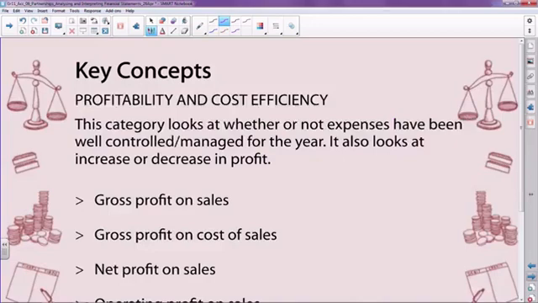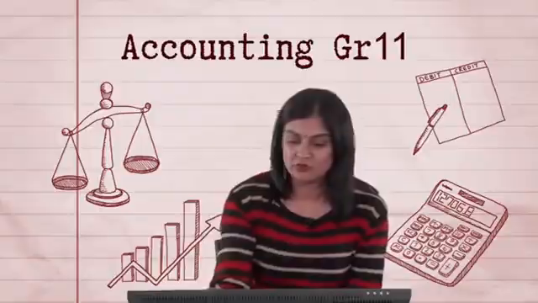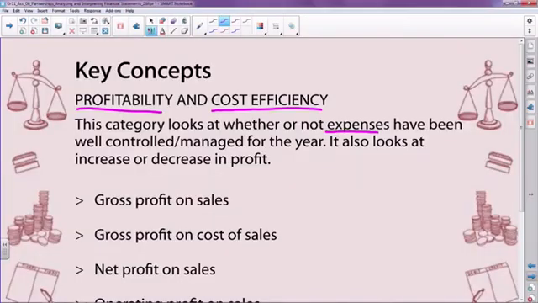The third category focuses on profitability and cost efficiency. Immediately, guys, when we talk about profitability, you think of income versus expenses. So in terms of this particular category, we're going to look at whether or not expenses have been well controlled or well managed for the year.